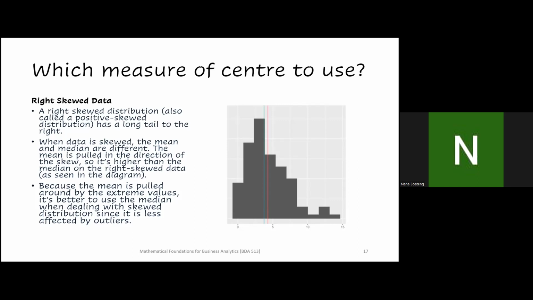Outliers can affect how you describe your data and the conclusions that you draw. So in order to avoid that, why don't you concentrate on the ones in the middle? That is the median. So that is the main point.